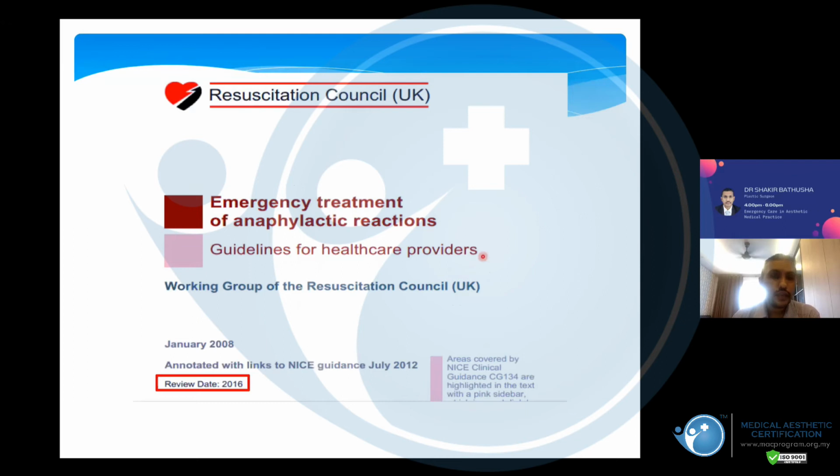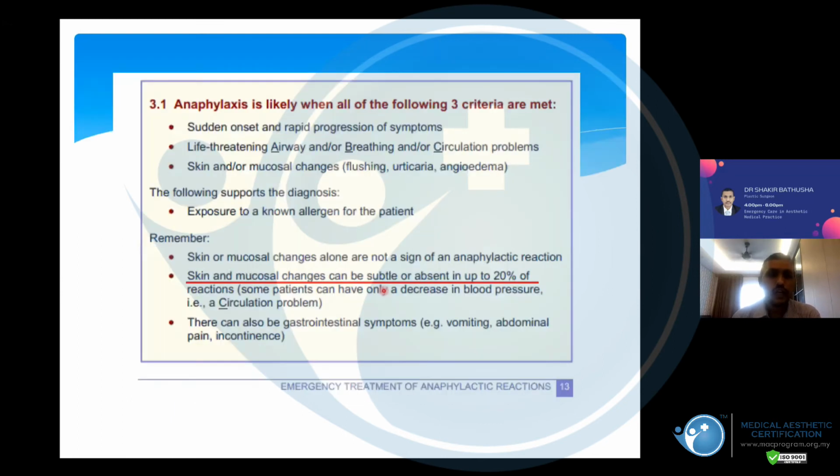So how do you treat them? Follow guidelines. This is the latest guideline, which was reviewed in 2016. First, you need to establish the diagnosis, and the criteria to establish anaphylaxis is sudden onset with rapid progression, a life-threatening airway, breathing or circulation problem, with skin or mucosal changes, following an exposure to a known allergen.